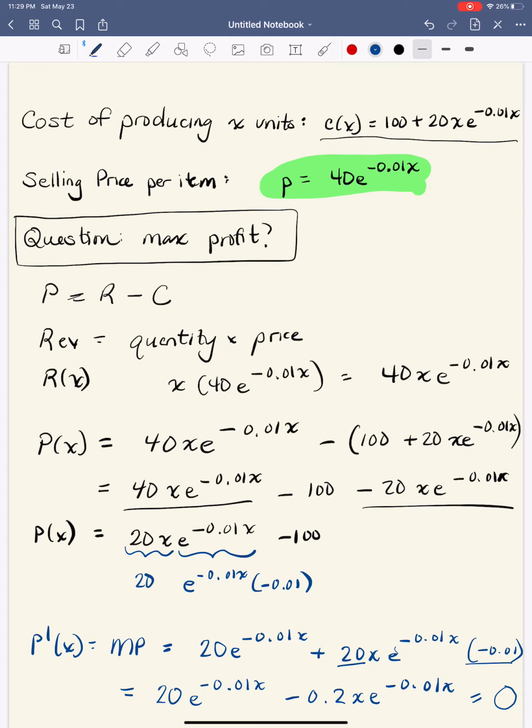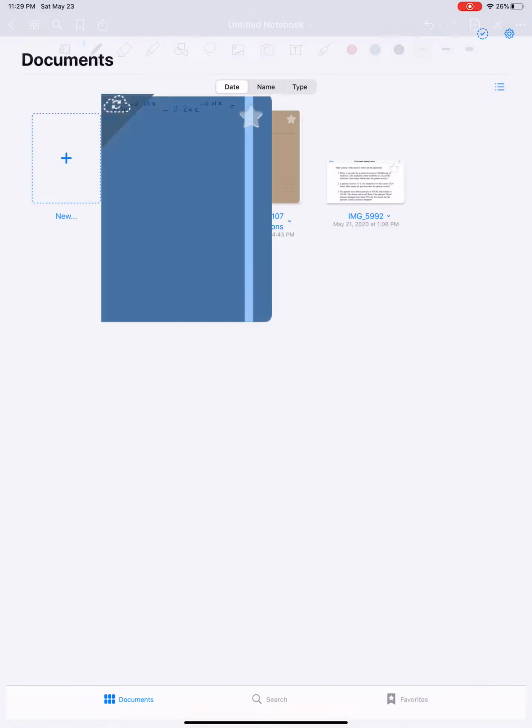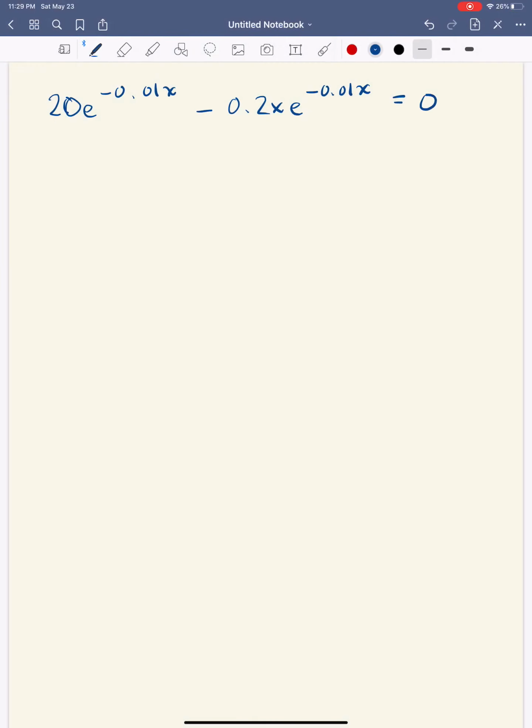So copying this to the next page, we're going to have 20e to the negative 0.01x minus 0.2x e to the negative 0.01x equals 0. So luck would have it, we can actually remove a common factor.